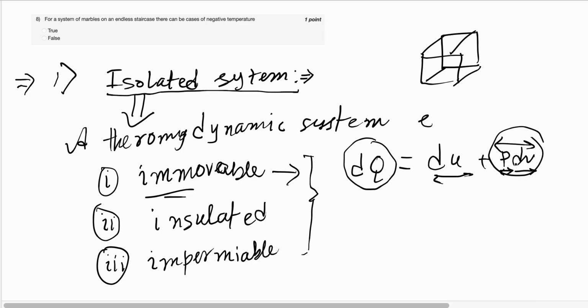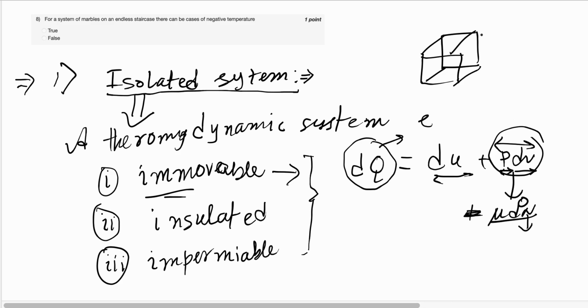Since it is insulated, no energy can go through, so dQ is also 0. And if there is some chemical potential, since the wall is impermeable, dN, the change in the number of particles, is also 0. So all the terms are 0.